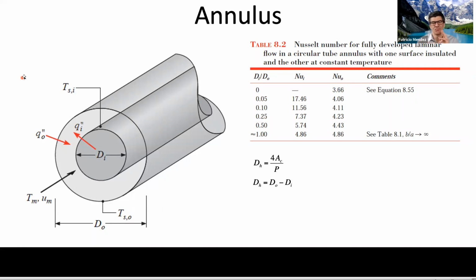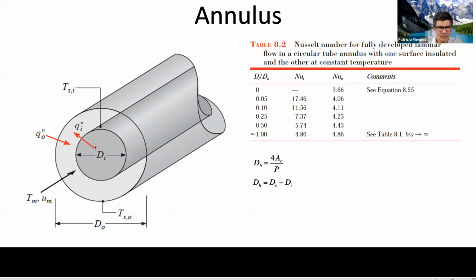Let's consider the case in which one of these surfaces is insulated. For example, if we have this concentric heat exchanger and we are considering the flow in this annulus here, and all the outside part is insulated, right? Let's say all this is insulated. That's one case.